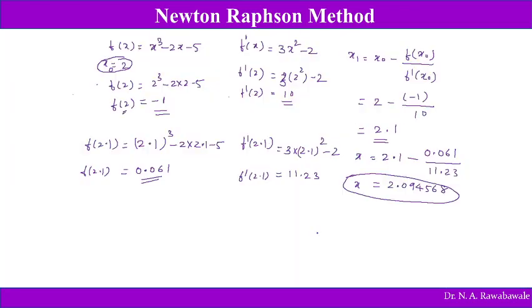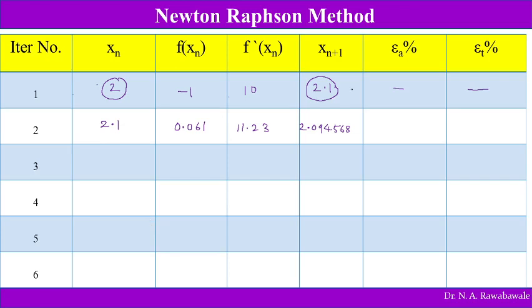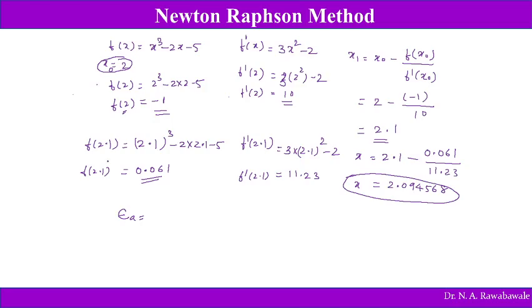Now this approximate error we can find out. So approximate error is nothing but the previous approximation minus the new approximation, divided by the new or revised approximation. Previous approximation was 2.1, new approximation is 2.094568, so divided by 2.094568 into 100.